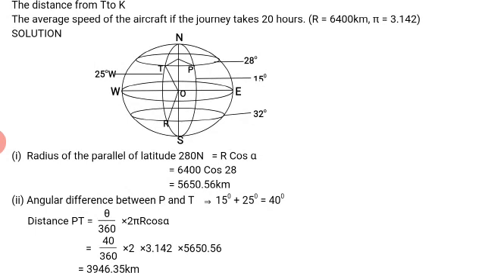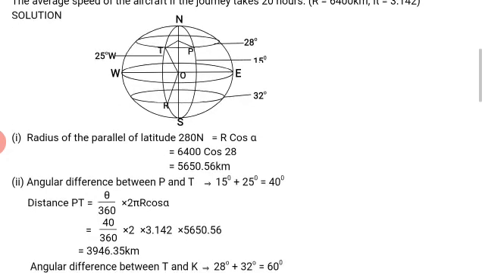Having got the angular difference, we are going to calculate the distance between T and P. We take this as an arc of a circle because point P and point T are like arcs on the circumference of a circle. Hence, we use the formula distance PT equals theta over 360 times 2 pi r, where theta is the angular difference between P and T, and r is the radius of the common latitude, R cos alpha.